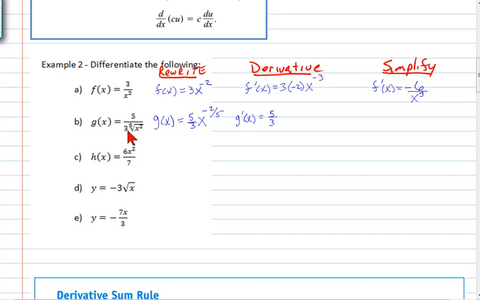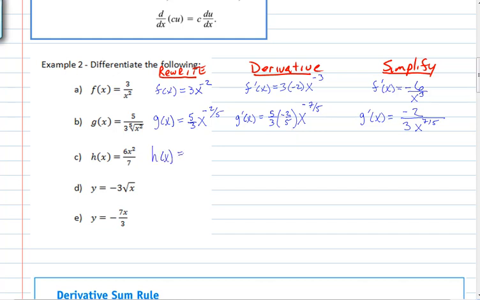It can stay there. So that's 5/3 times negative 2/5 times x to the negative 7/5, I believe. Is that right? Yeah. So we can simplify this, and we're going to get g prime of x is equal to what? Negative 2 over 3x to the 7/5. See, these 5's right here are going to cancel out.